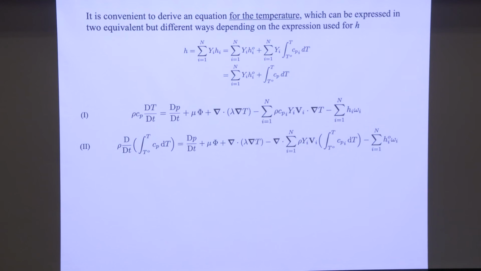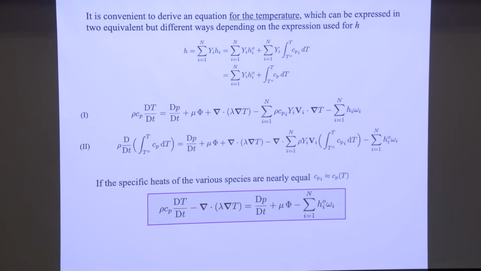Now, before we even go into that, I want to mention that we are going to assume later on that all the cpi are very close to each other and almost constant, or replace them by some average value, the cp. Therefore, whichever equation you want to use gives you the same end result.